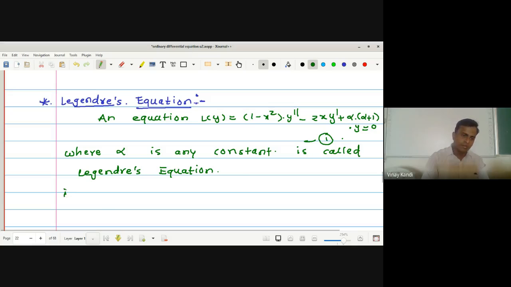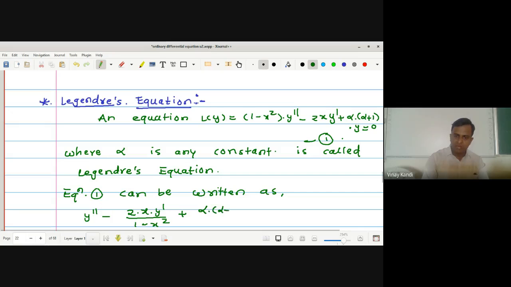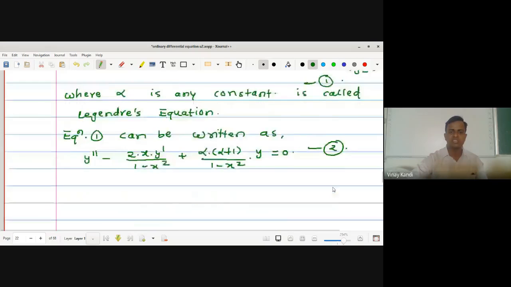And equation 1 can be written as y double dash minus 2 into x into y dash upon 1 minus x square plus alpha into alpha plus 1 upon 1 minus x square into y is equal to 0. So this is equation number 2. So equation 1 we can write also in this form.